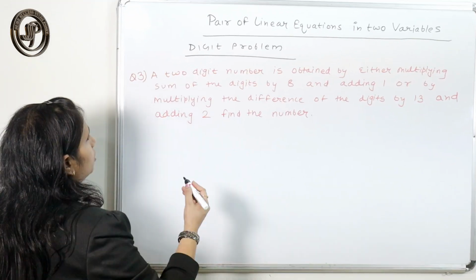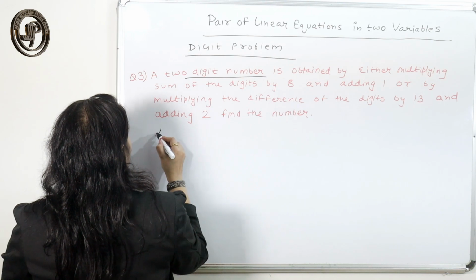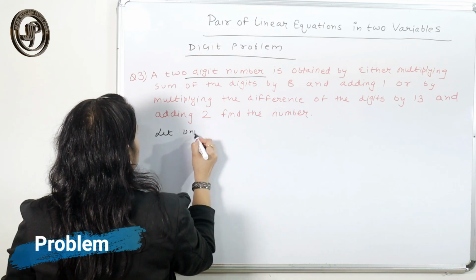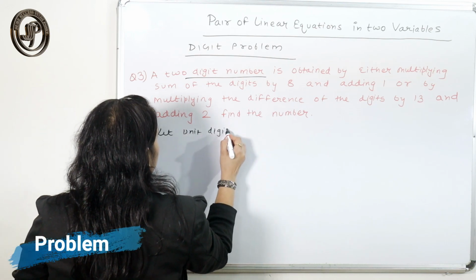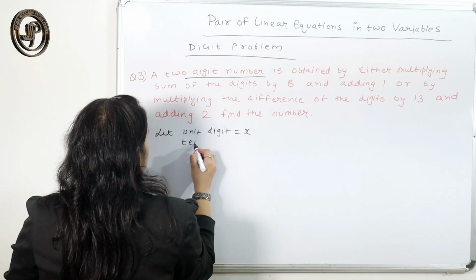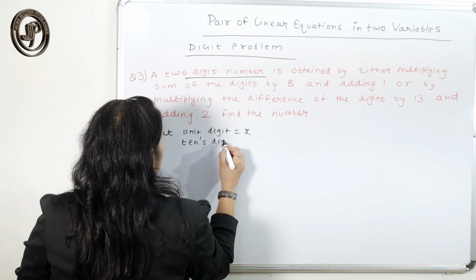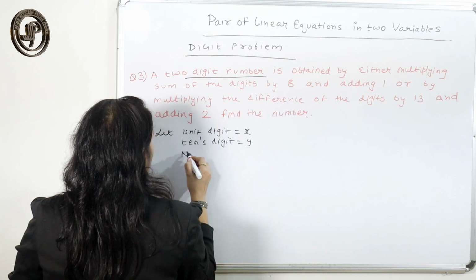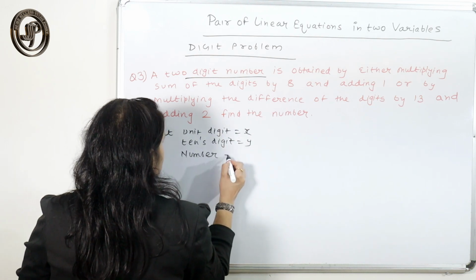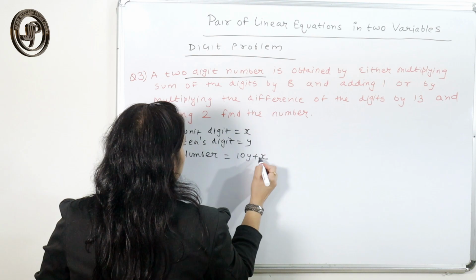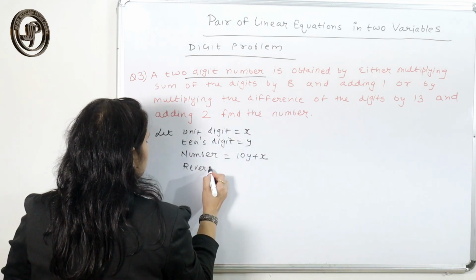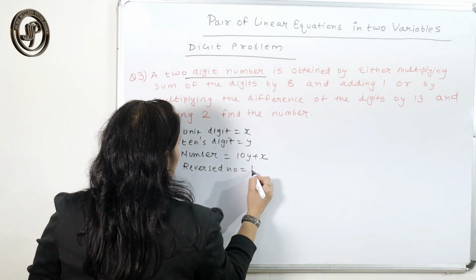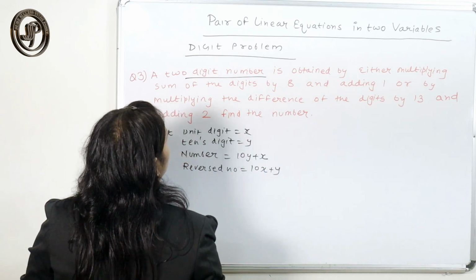So, here is a question, again the digit problem. So, what you do? Let unit digit x, tens digit y, then your number will be 10y plus x, and reverse number will be 10x plus y.